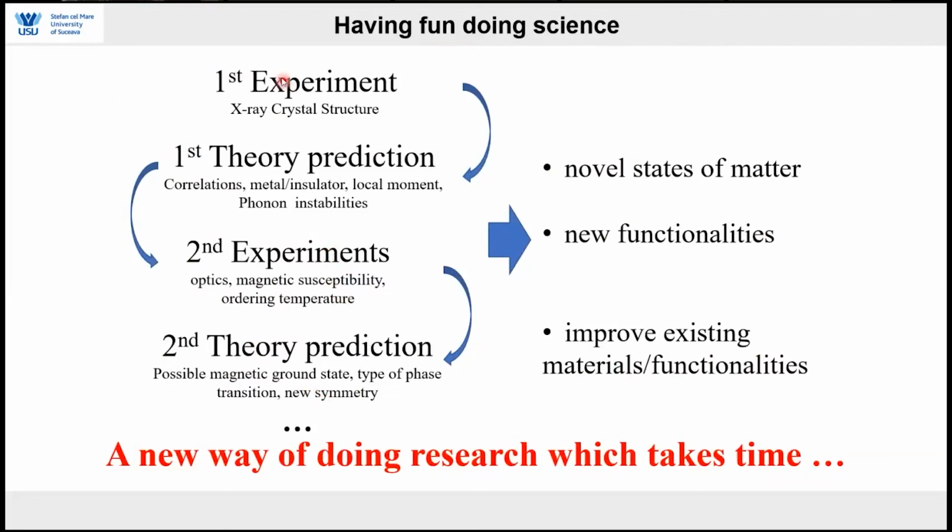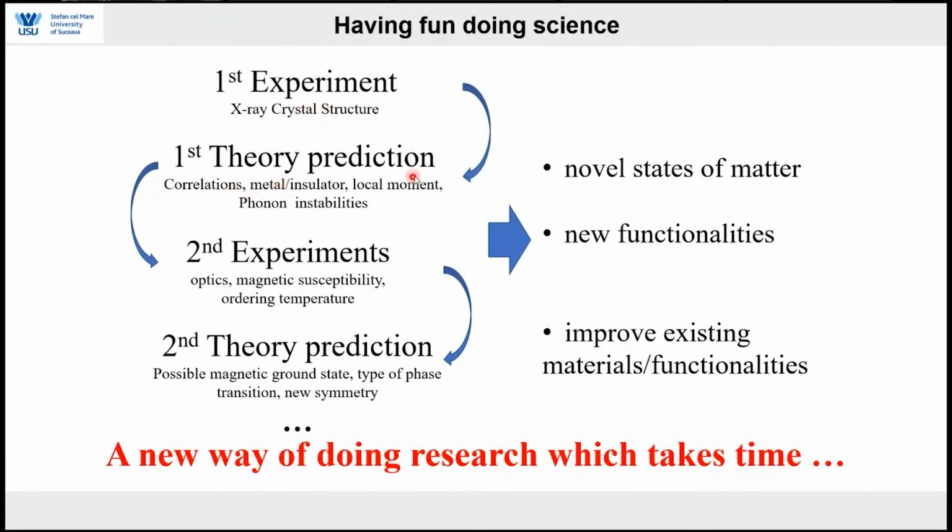So in my case, first I start with the experiment. I start with a crystal structure. Now, once I have a crystal structure, I can quickly figure out from the crystal structure, just looking at some magnetic susceptibility, if do I have some correlations or not. And then using the lattice parameter, I do a relaxation of the structure at high temperature. And then I look if the system is metallic or insulator.